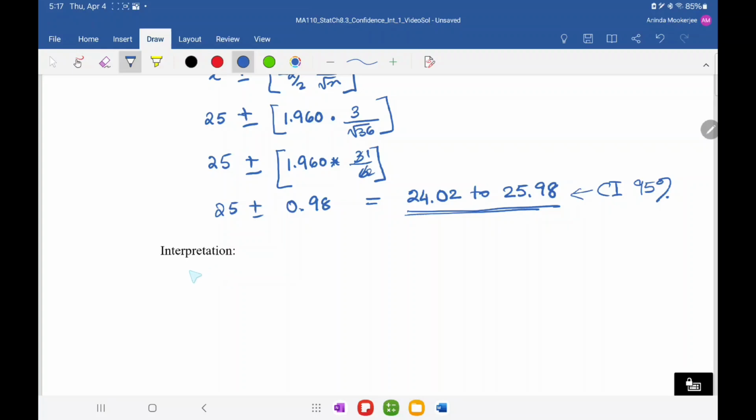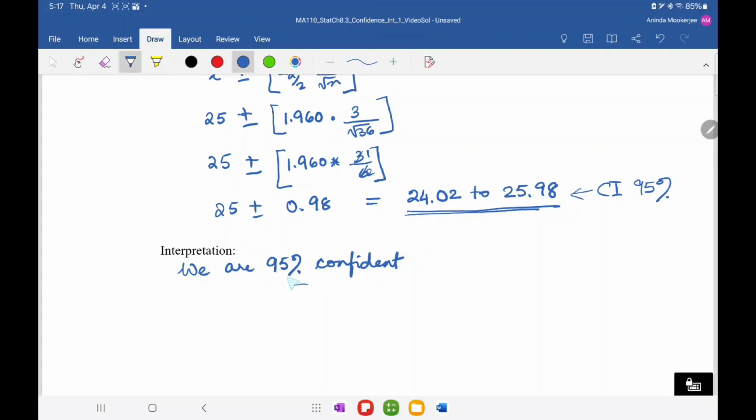You're going to start by saying, we are 95% confident, because the interval we just found was based on the confidence level that we were asked to use. If this were a different percentage, if it was a 90% confidence interval or a 99% confidence interval, the endpoints of the interval would have been different. Therefore, it's very important to qualify it.